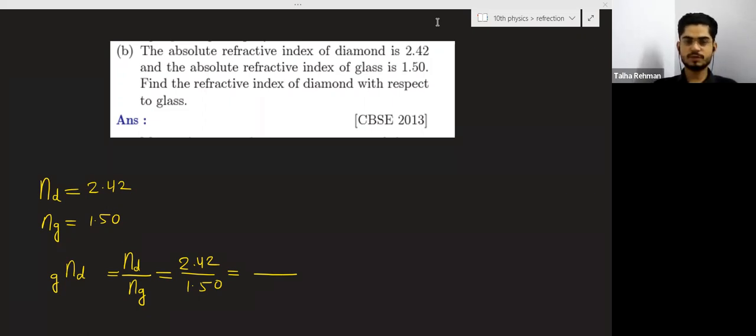Just note this down in your copy. And small n, I am telling again and again, is the refractive index.